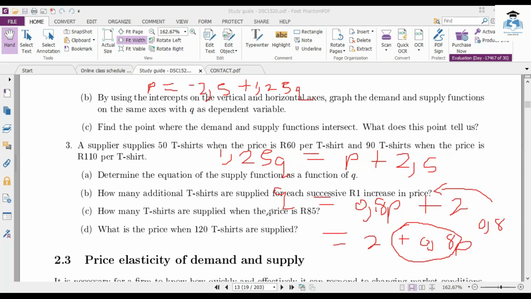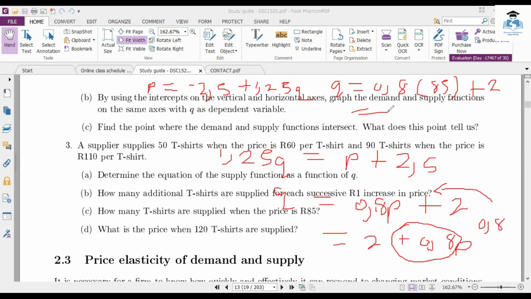Then, how many t-shirts are supplied when the price is 85 Rand? You can even use this formula. So Q is equal to 0.8 times 85 plus 2.